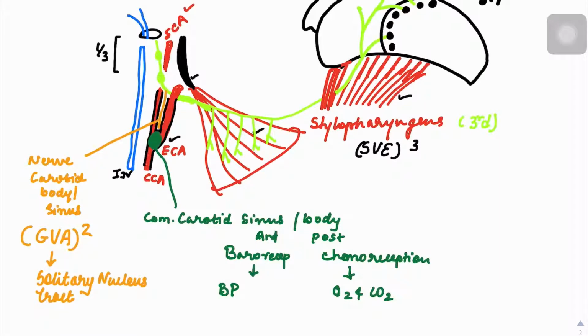Special visceral efferent are the ones which are concerned with pharyngeal arch derivatives. So in this case, I have the stylopharyngeus muscle. That's my third. After that, the nerve will go behind the muscle called hyoglossus.